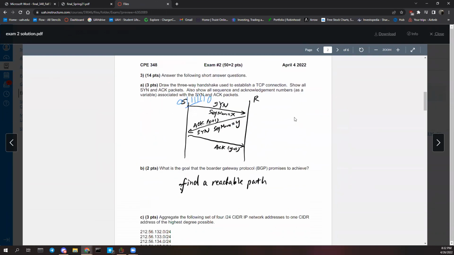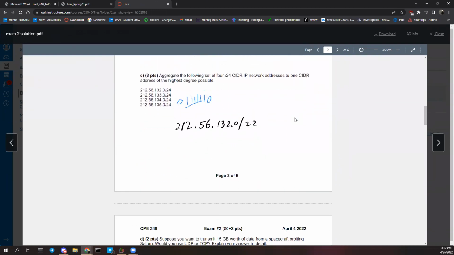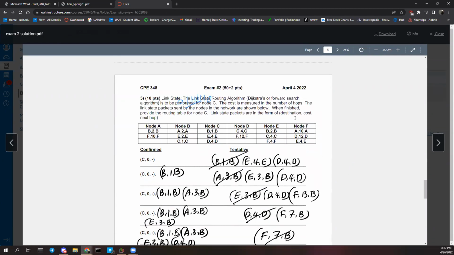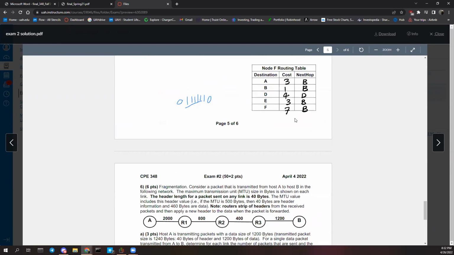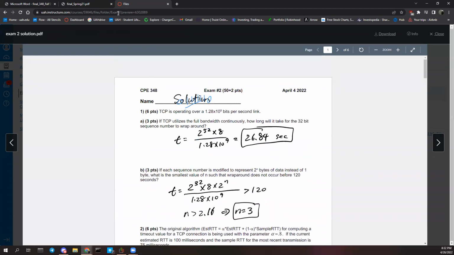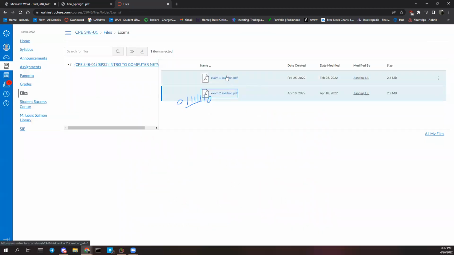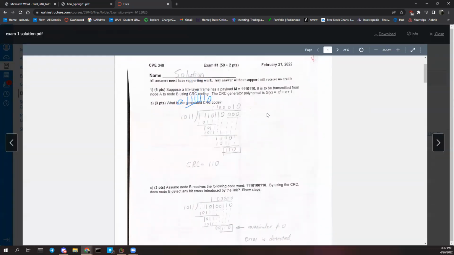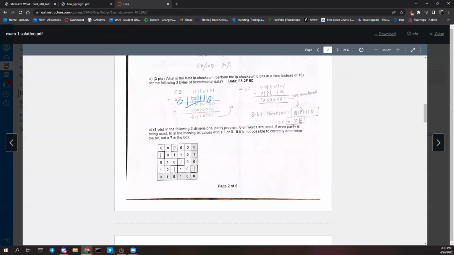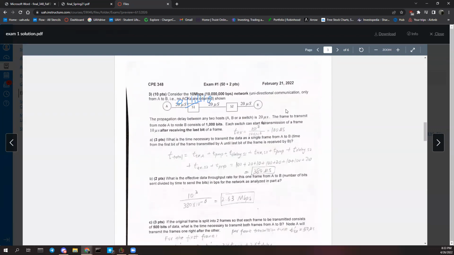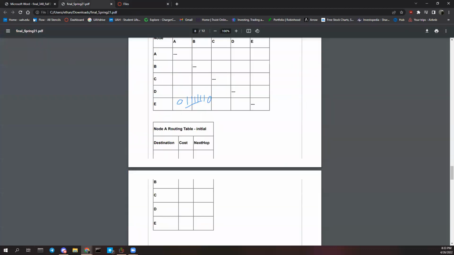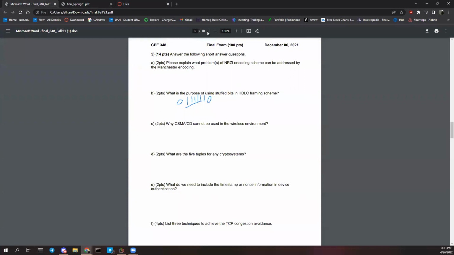Where are you at? I might be wrong. I might have just misremembered it, or I might have missed it on the other exam. I'll go back one more time. No, he did 2-dimensional parity though, and some checksum stuff. All right, so that's that. That's bit stuffing for HDLC.